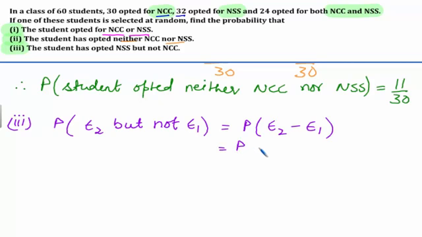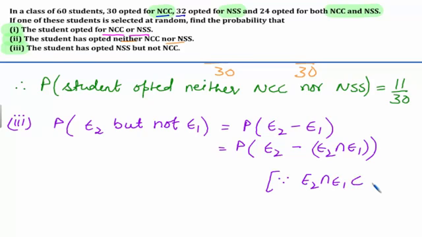Now this can be written as probability of E2 minus E2 intersection E1, since E2 intersection E1 is a subset of E2. So this further implies that probability of E2 minus probability of E2 intersection E1.